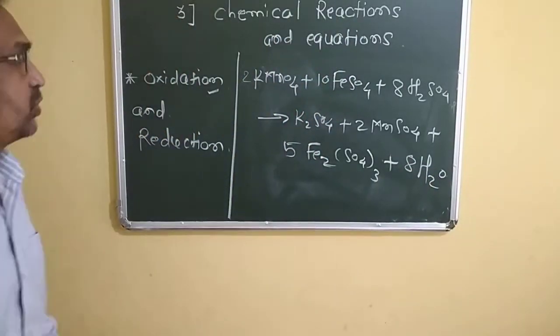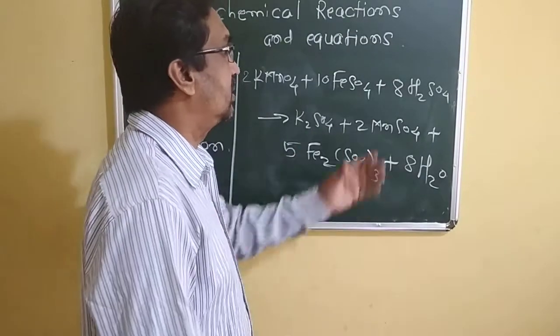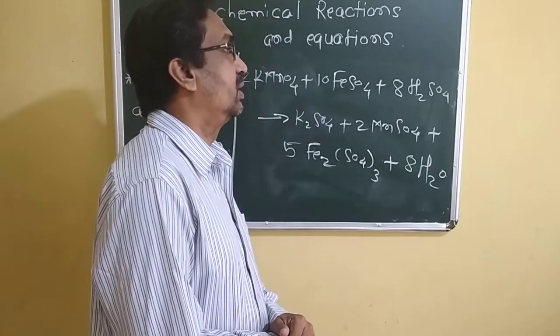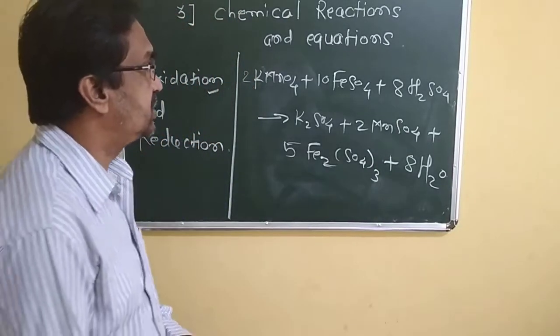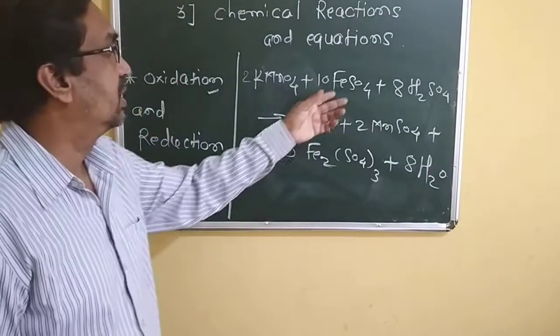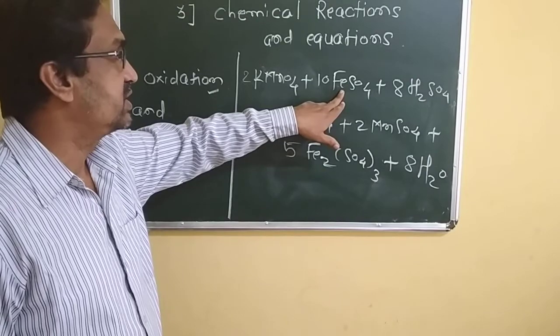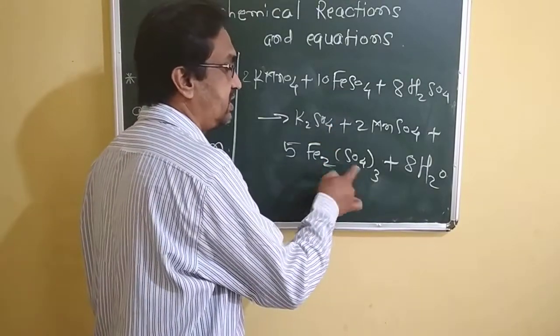Here potassium permanganate reacts with FeSO4 in the presence of sulfuric acid, and we can easily find that an oxidation process is done. In this oxidation, ferrous sulfate is converted into ferric sulfate.